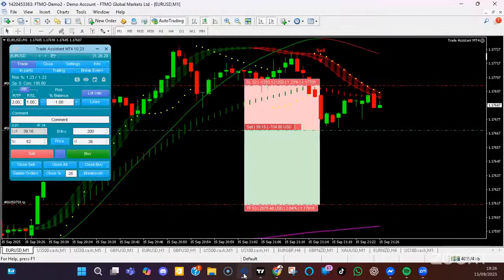But this is where we are at the moment with a trade I've taken on the EUR USD. Going sideways, unfortunately, a little bit.